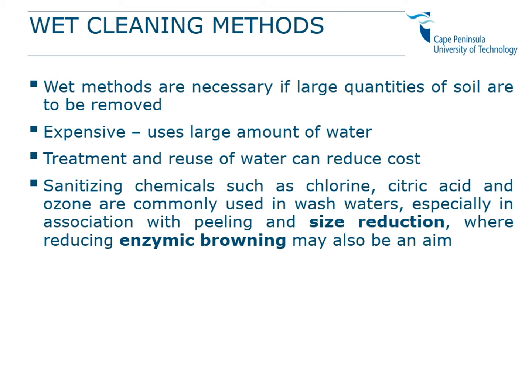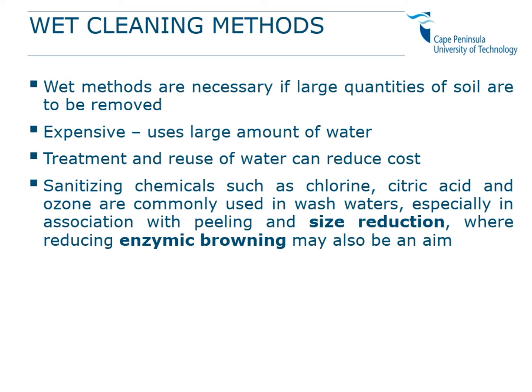What industries are doing in this era of sustainability is treating the water that has been used. There are what we call wastewater treatment plants. So the treatment and reuse of water can be used as a mechanism to reduce the cost.